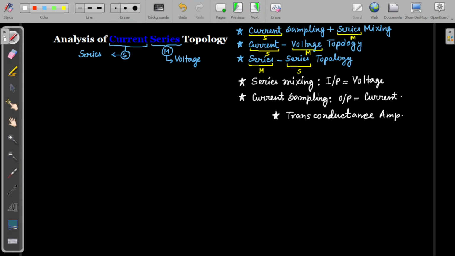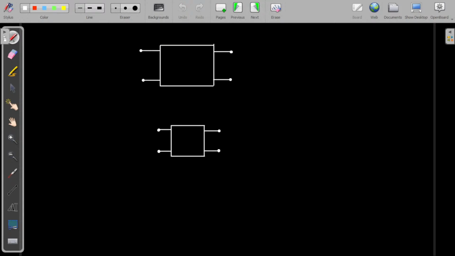So for the circuit, let us say I am denoting the circuit here. So in this circuit, what we have to do? We have to do the current sampling and series mixing. तो series mixing के लिए what we have to do, we have to connect the feedback path in series with the input source. ये वाला, and here the series connection.